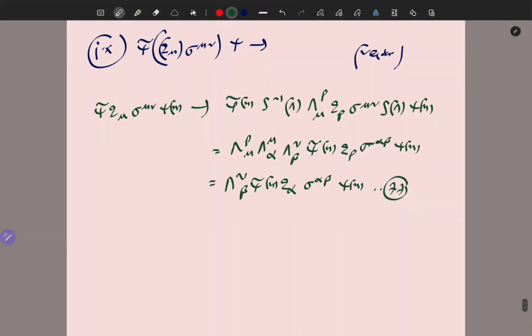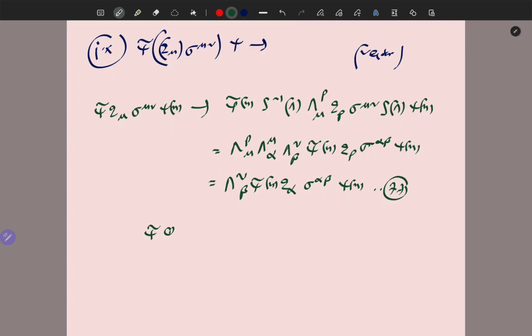So from step number 5, we show that psi tilde q mu sigma mu nu psi of x transforms as a 4 vector under Lorentz transformation. To find the transformation under parity, denote q mu sigma mu nu by q nu.